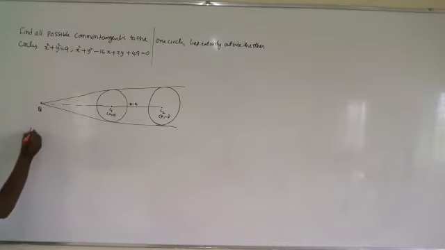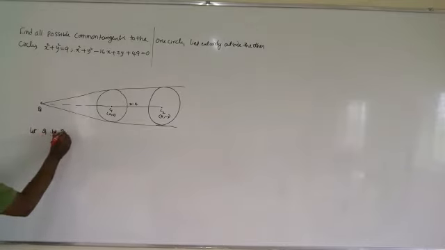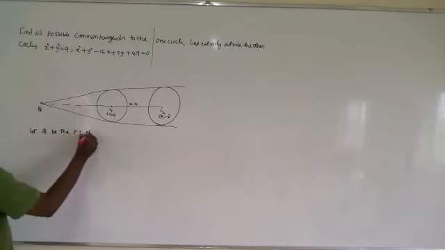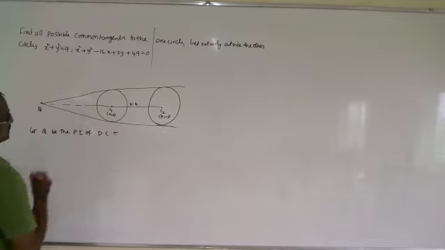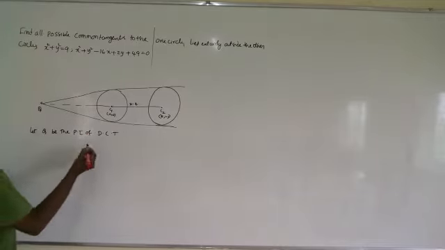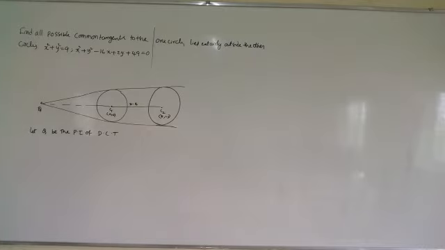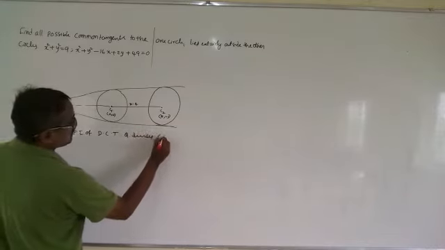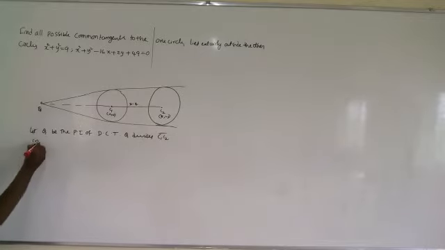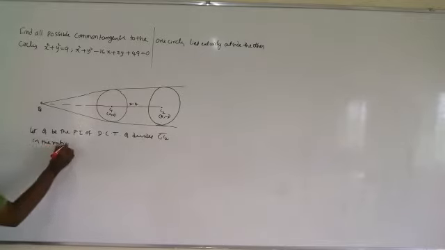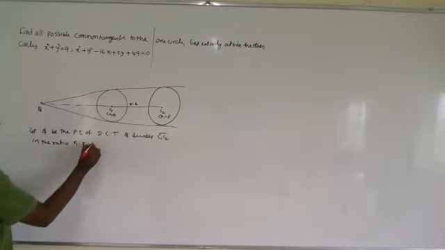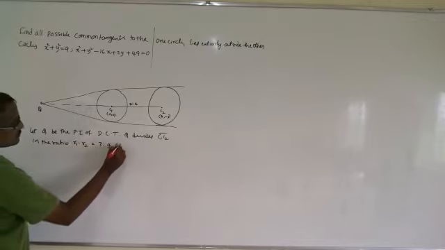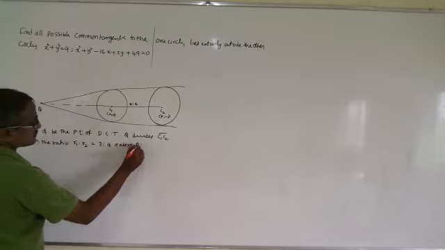So let Q be the point of intersection of the direct common tangents. Then Q divides C1 C2 in the ratio R1 is to R2, that is 3 is to 4, externally.